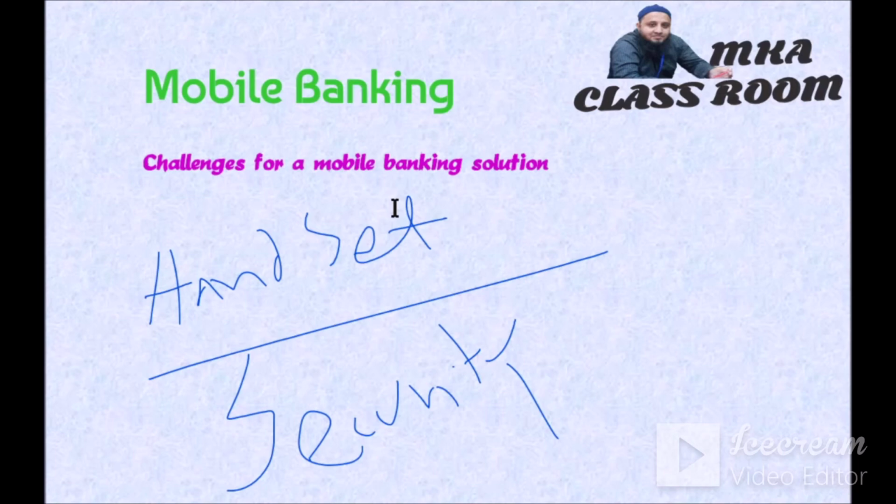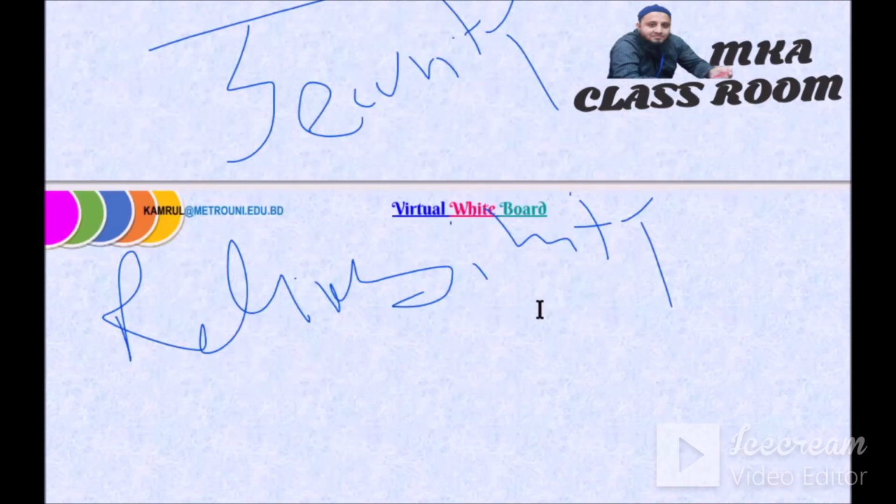CIOs or CTOs of the banks is to scale up the mobile banking infrastructure to handle exponential growth of the customer base. With mobile banking, the customer may be sitting in any part of the world, so banks need to ensure that the systems are up and running in a true 24/7 fashion. 24/7 means 24 hours in a day and 7 days in a week.